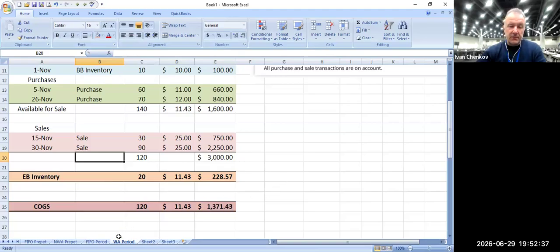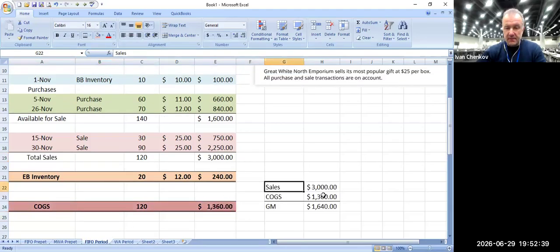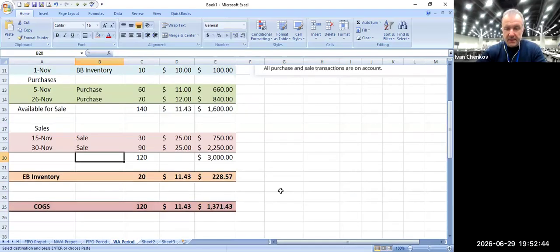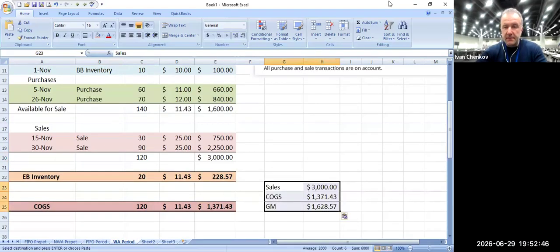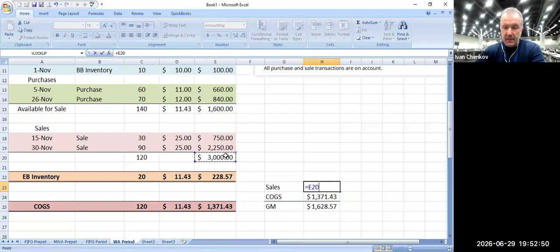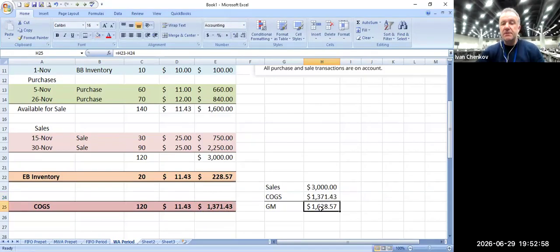So we can do exactly the same thing that we did here, sales with the cost of goods sold. But in this case, everything's going to change. Now the cost of goods sold will be 1,371.43, and gross margin is going to be different.